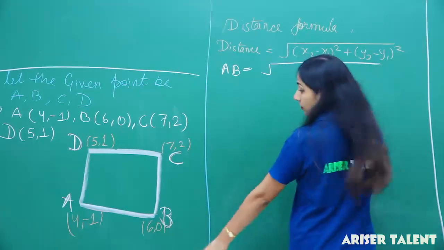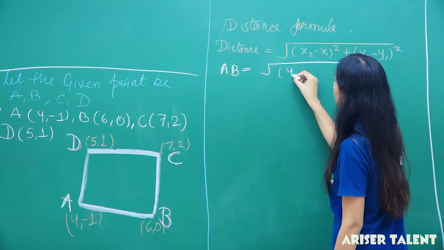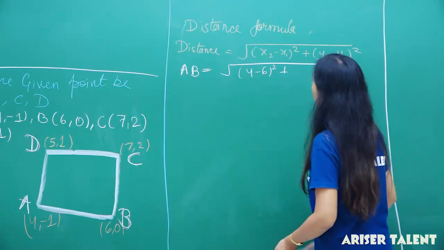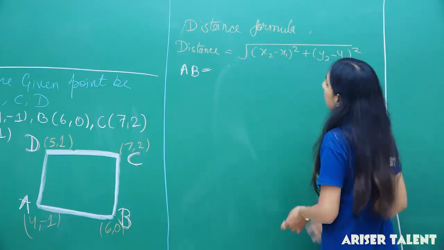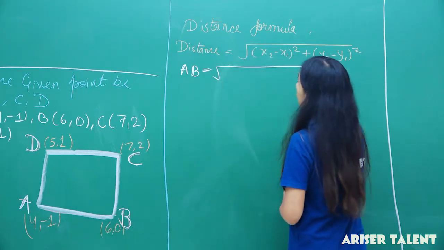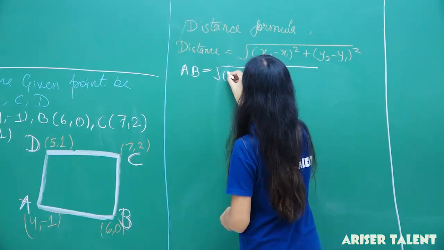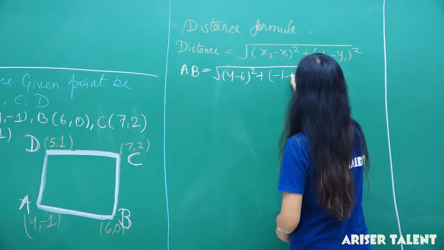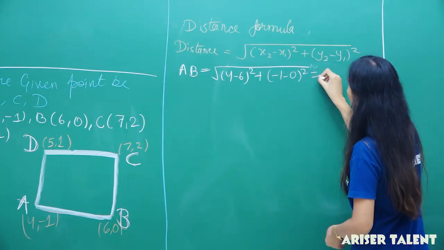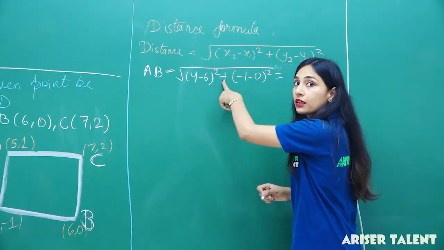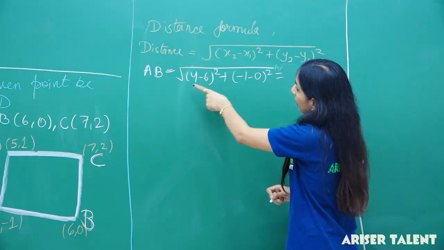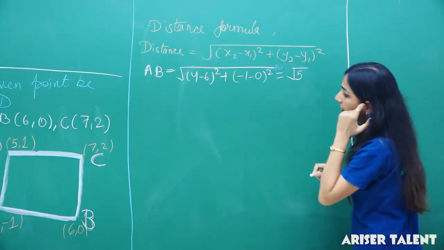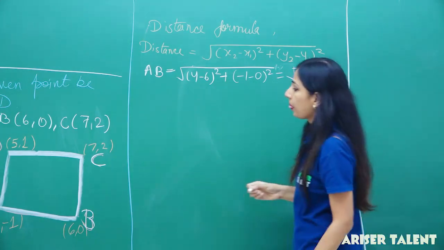Root of (4 minus 6) squared plus (minus 1 minus 0) squared. Okay, so that is basically 2 squared, which is 4, 4 plus 1 is 5, so that will be root 5. AB is root 5.